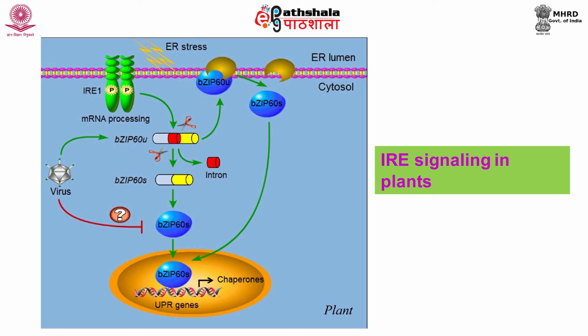ATIRE1A and OSIRE1 are capable of autotransphosphorylation, and the putative ER stress sensor domain of ATIRE1A, 1B and OSIRE1 can functionally replace yeast IRE.